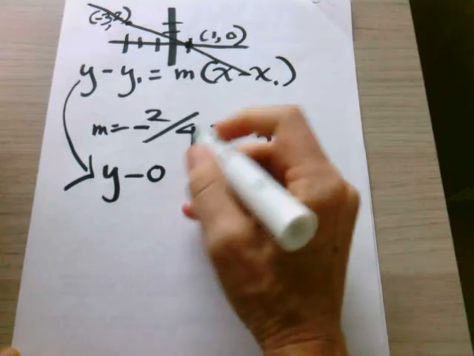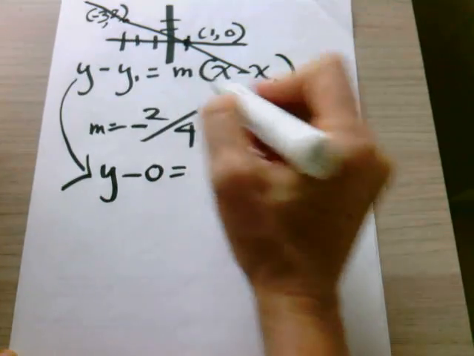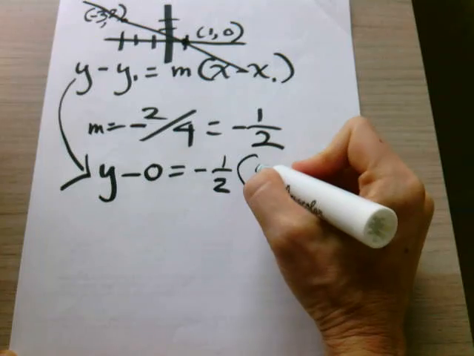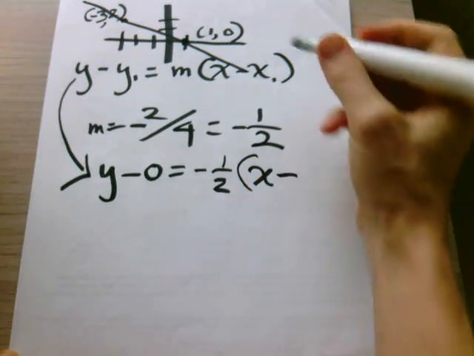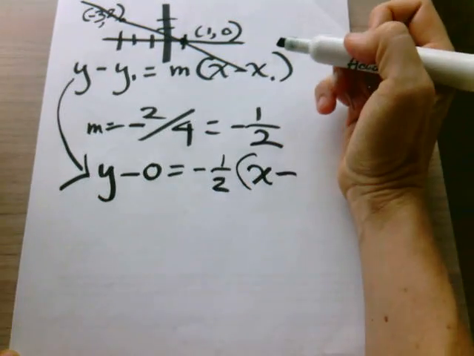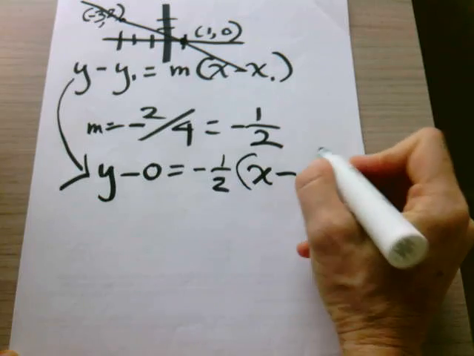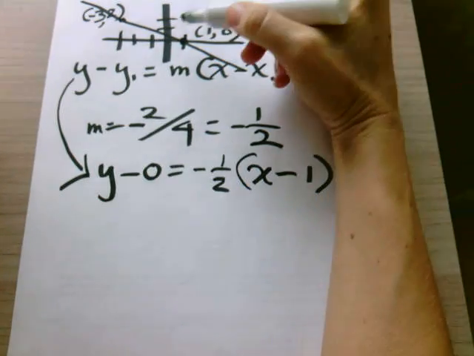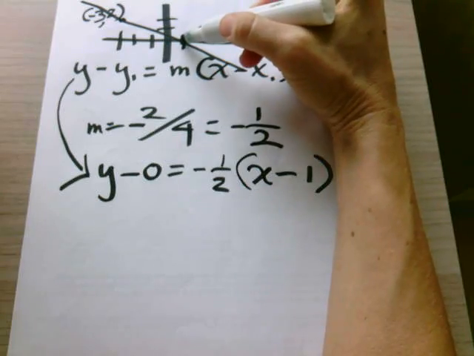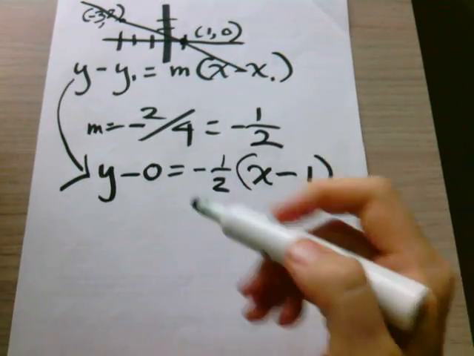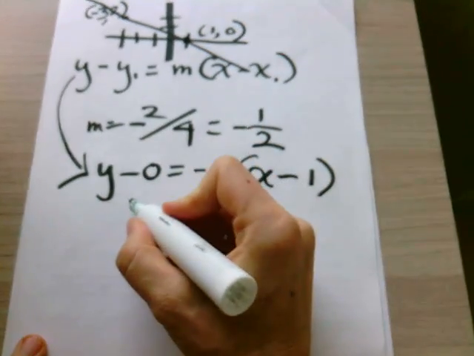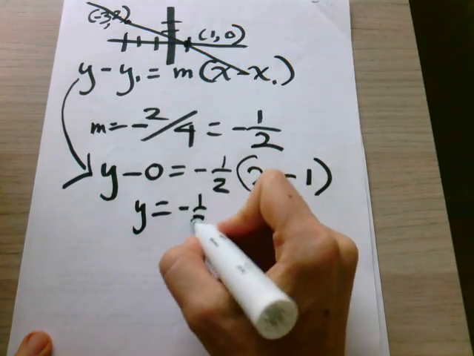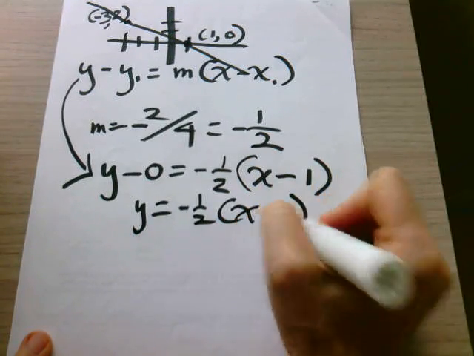Y minus 0 equals m, so that's -1/2 times x minus 1. Because 1 is the x value right here. Okay, and then let's simplify it. Y equals -1/2 times x minus 1.